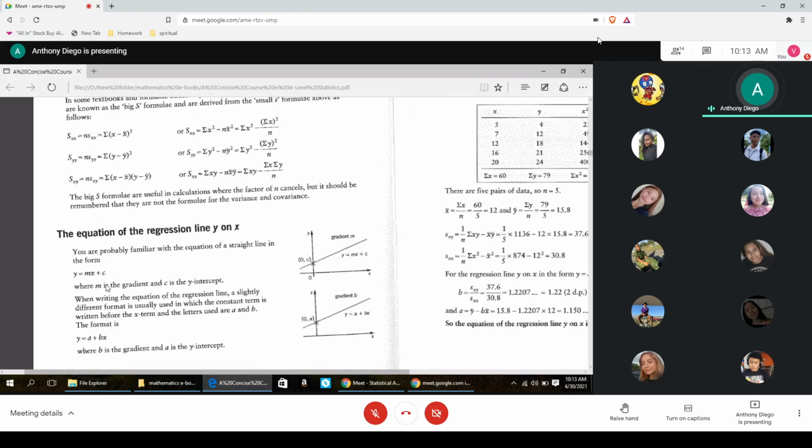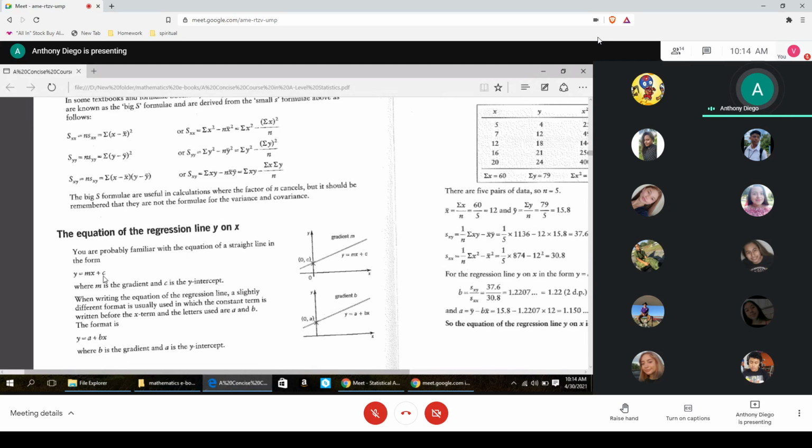Now, in the case of a regression line, we tend to use a and b. So we use b for m, which is the slope, and a for the intercept. And if you notice how the equation is formed here, the regression line is different from that of a straight line graph. They tend to be shifted around, whereby the intercept a comes first, followed by the gradient b, while here the gradient m comes first, followed by the y-intercept c.